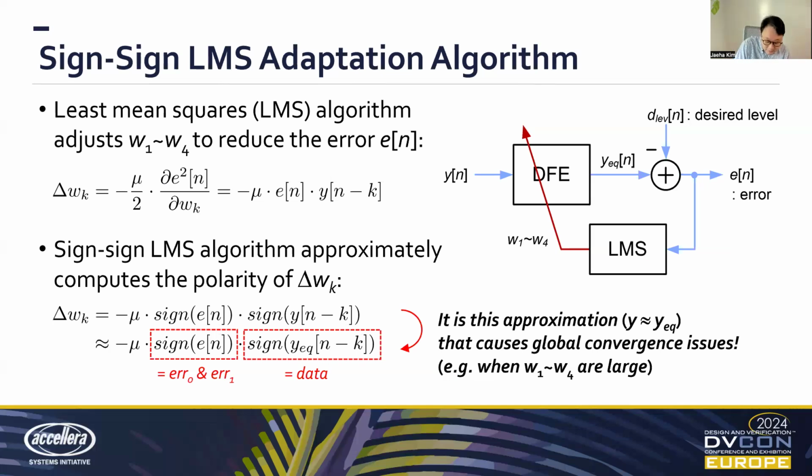So here we have the mean squared error, which is computed by, let's say you have a DFE on the right-hand side. You have an incoming input we call y of n. Now we call the output of the DFE y sub EQ, the equalized signal. And then what we're expecting here is a binary signal having ones and zeros.